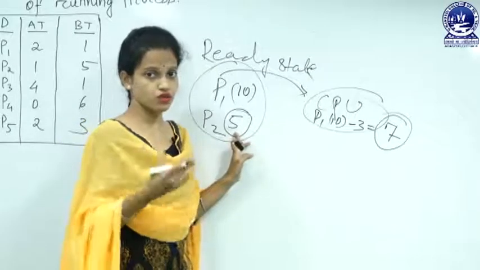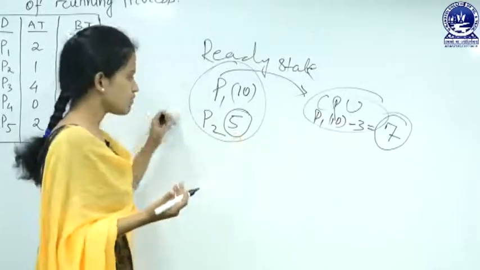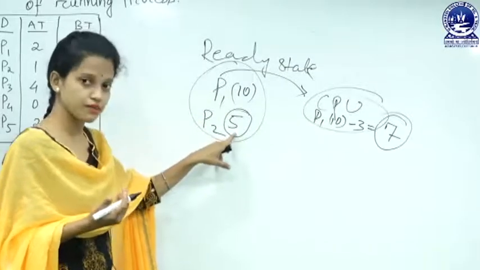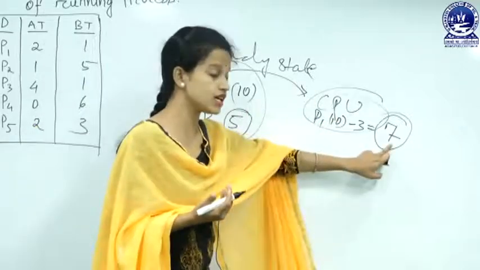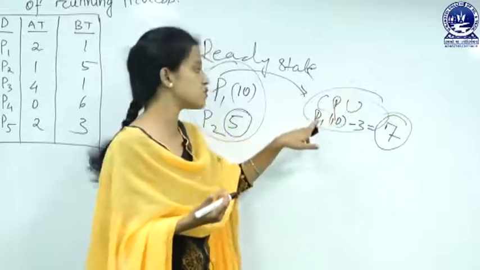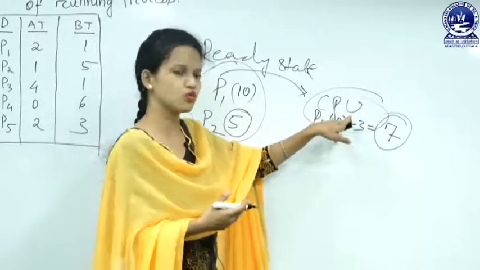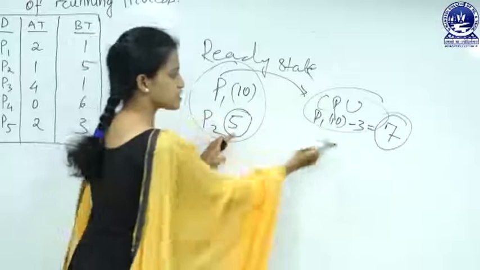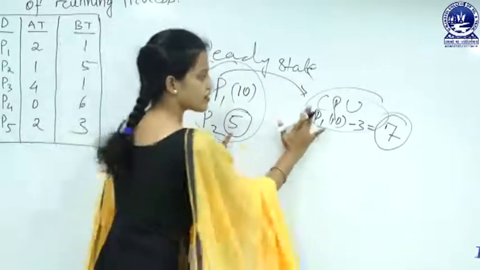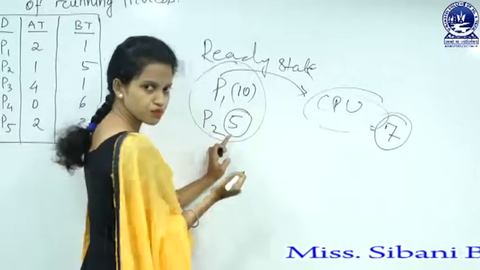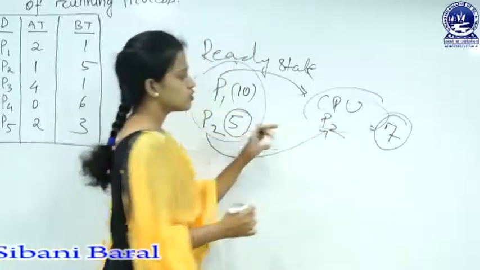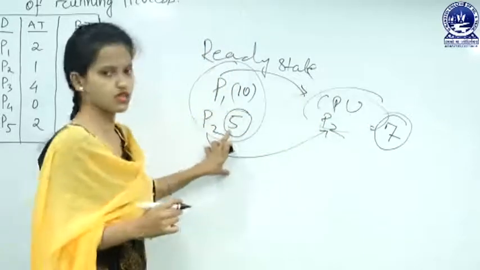As I said, if the newly arrived process has a shorter burst time than the remaining burst time of the currently running process, P1, which is running on the CPU, then since 5 is smaller than 7, we can forcefully remove P1 from the CPU and allocate P2 to complete its execution.